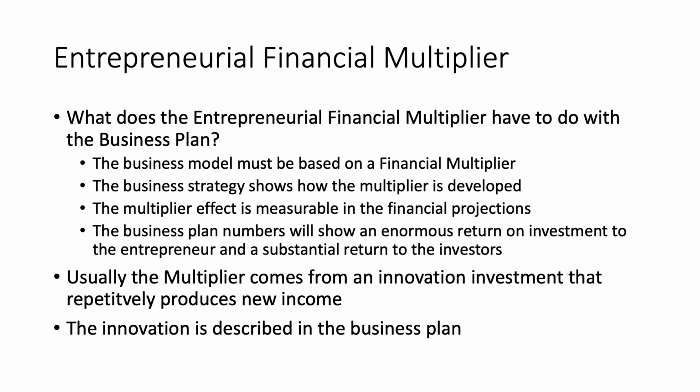It establishes the innovation and, as a result, the multiplier that results from it. That multiplier will be producing income over and over again in a repetitive fashion. The faster it produces it, the more the multiplier. And over time, that multiplier should grow and grow with the business.